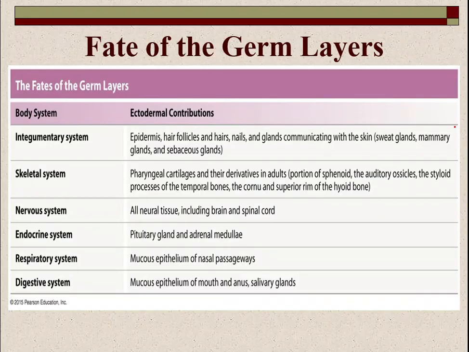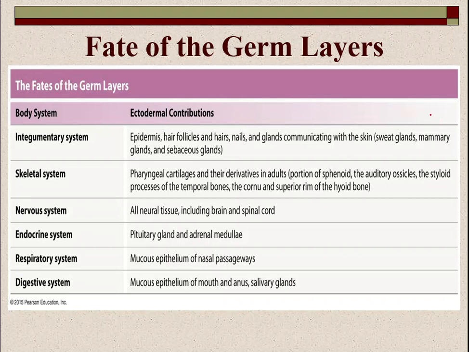Now, remember the process of gastrulation gave rise to the three embryonic germ layers. I want you to know the specific organ systems that are derived from each embryonic germ layer.